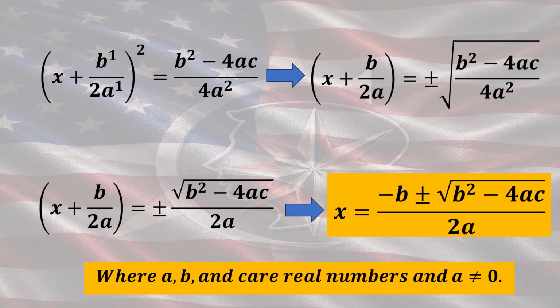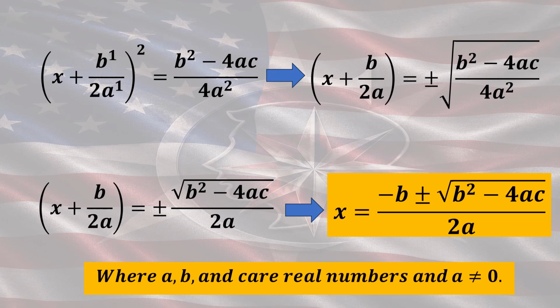4. Next, write the left side as a perfect square. Find the common denominator of the right side and write it as a single fraction. The quantity x plus b over 2a squared equals the quantity b squared minus 4ac over 4a squared. 5. Now use the square root property, which gives x plus b over 2a equals plus or minus the square root of the quantity b squared minus 4ac over 4a squared.